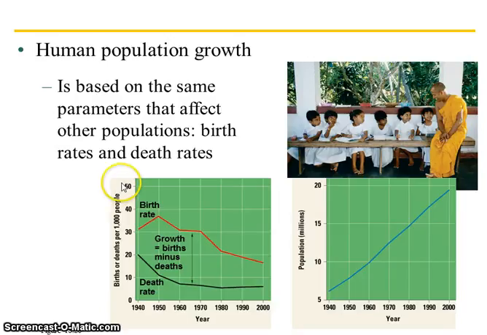So our birth rate minus our death rate determines our growth. So the more births we have compared to the deaths, our population is growing. So in more advanced countries, you'll see a decreased birth rate so that they're either not growing or they're decreasing in population size.